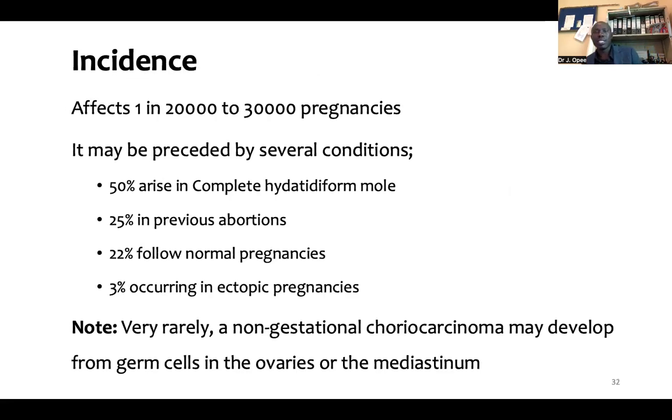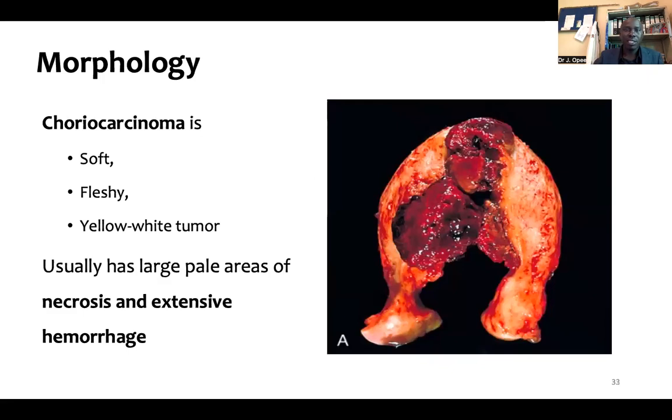And just a little bit on the incidence, just to know the epidemiology. I will not take a lot of time here. Choriocarcinoma is not very uncommon. It can actually occur, but I'm not going to take a lot of time on this. This is the diagram. You can see that the picture is clear. When you see pictures like this, think about choriocarcinoma.